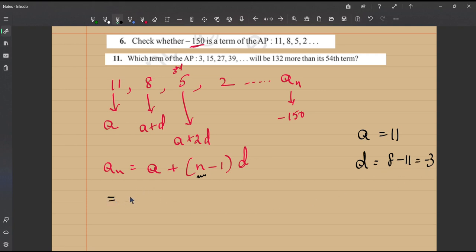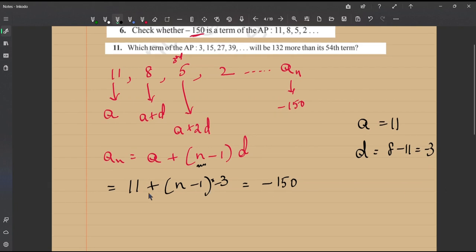So, just substituting, 11 plus n minus 1 multiplied by negative 3 is equal to minus 150. I'll just rewrite this clearly. It is 11 minus 3 into n minus 1, because the positive becomes negative. It is equal to minus 150.